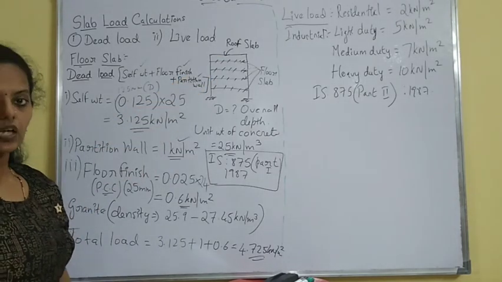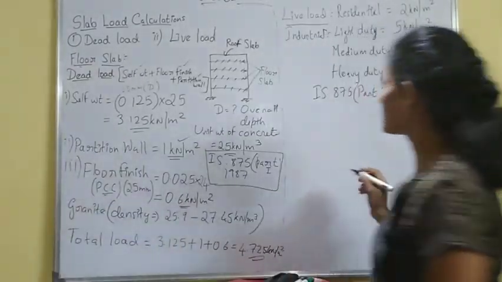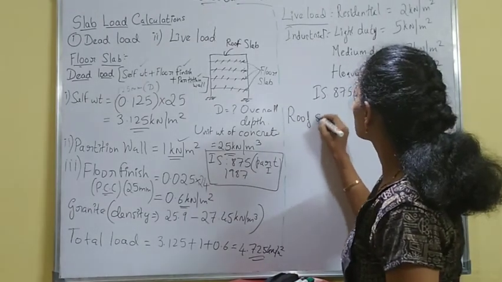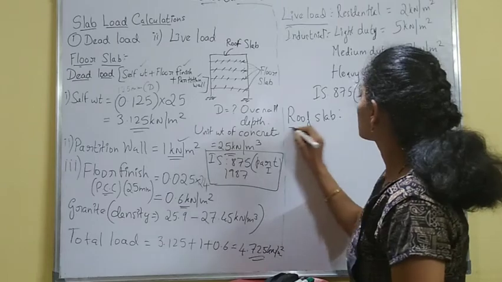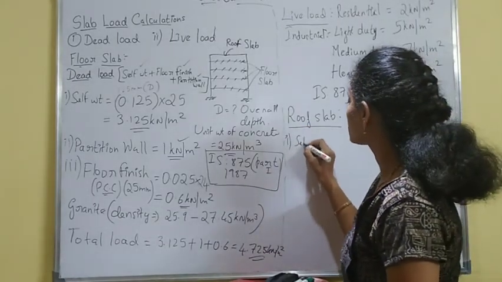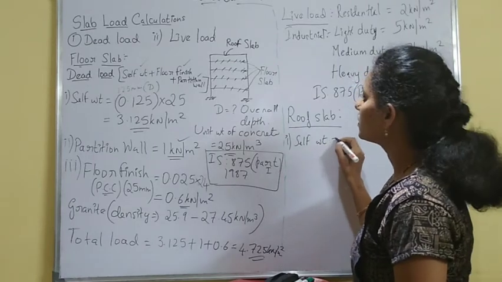Next we will consider the roof slab calculation, that is at the terrace level. For the roof slab, the self weight will be similar, based on the thickness of the slab.